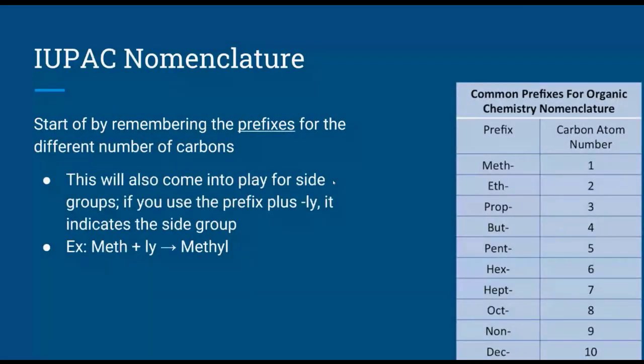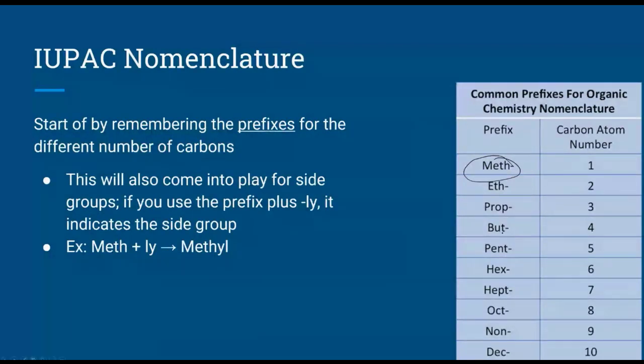So the first thing we're going to start off with is IUPAC nomenclature, which is essentially how we're going to name hydrocarbons in your case. We're not going to go too complex, so we're just going to start off with simple line angle drawings. So the first thing you have to remember is you need to be able to memorize all these prefixes right here. These ones are important for all the different types of chains we're going to talk about.